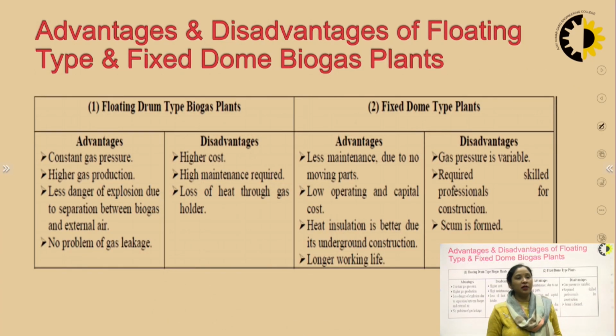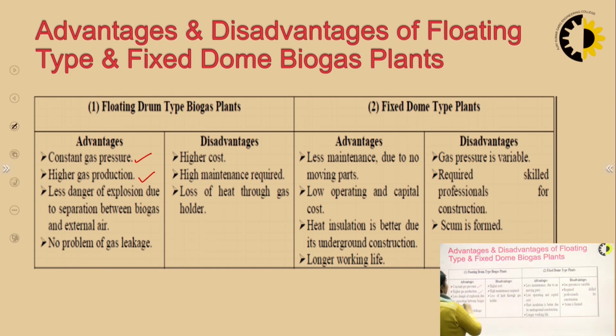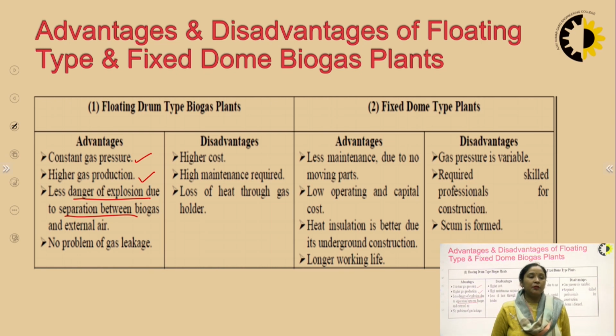The advantages and disadvantages of floating type and fixed dome biogas plants. In a floating type biogas plant, we have constant gas pressure, high gas production, and less danger of explosion. There is a big problem with fixed dome type plants: the major concern is explosion.